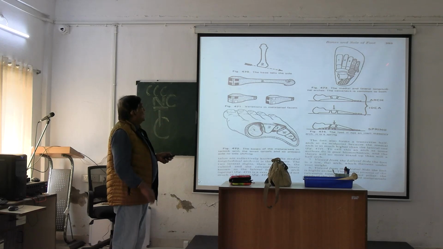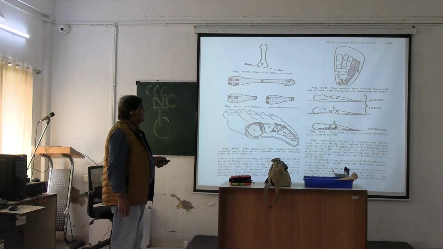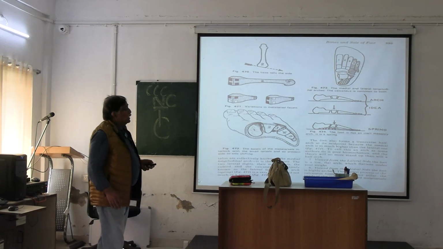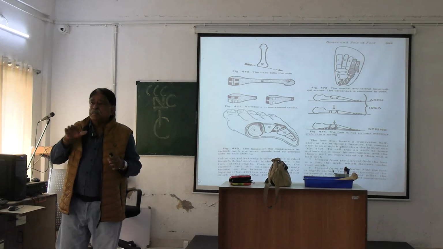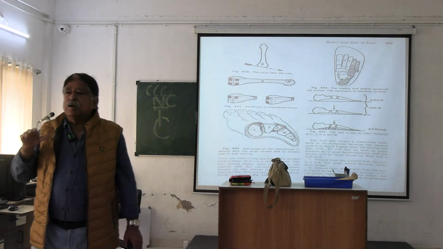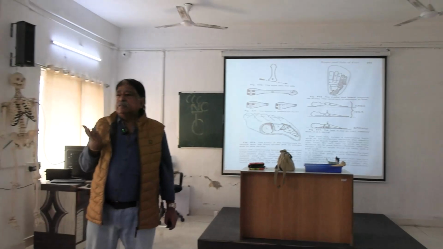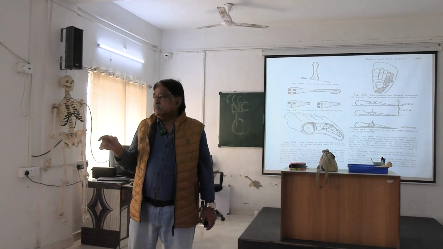Now this is the arch, this is the idea. Now you see this is a bit flat. Now this spring, the ligaments and your tendons and all support the arch.